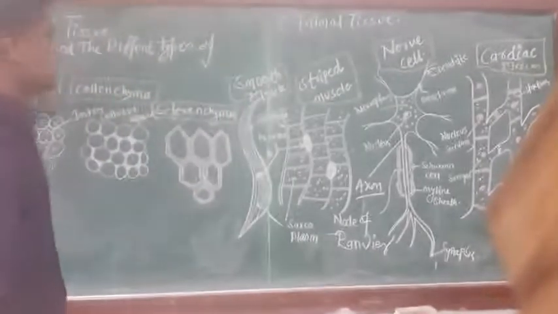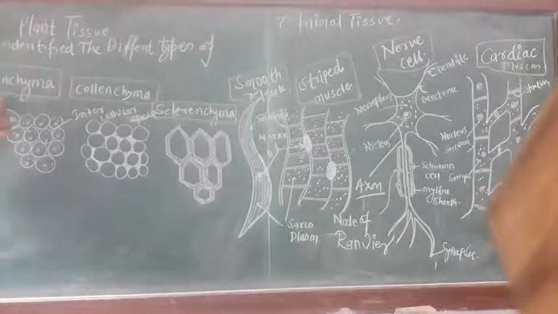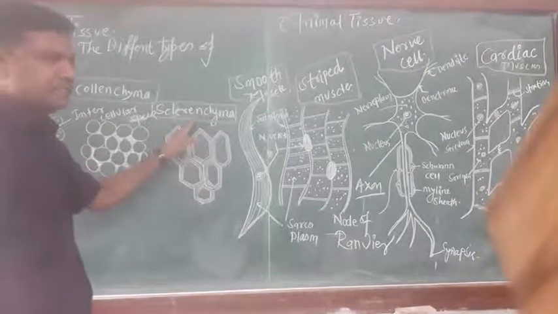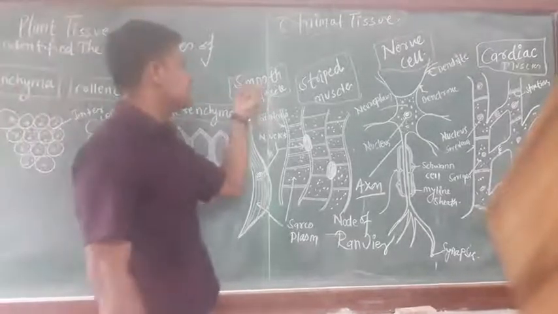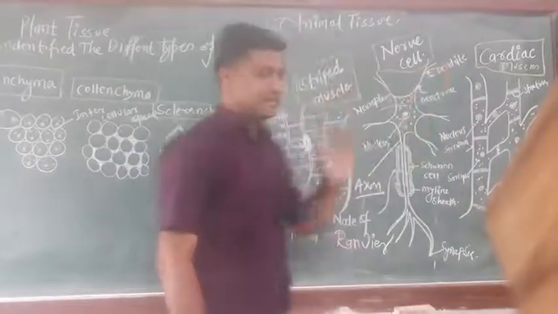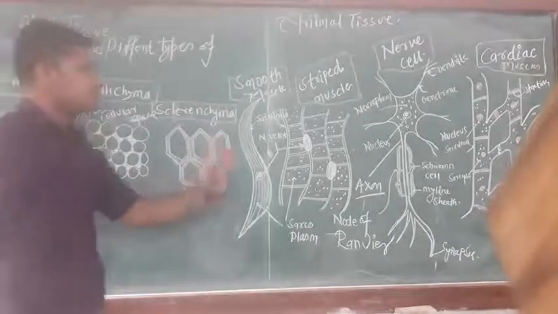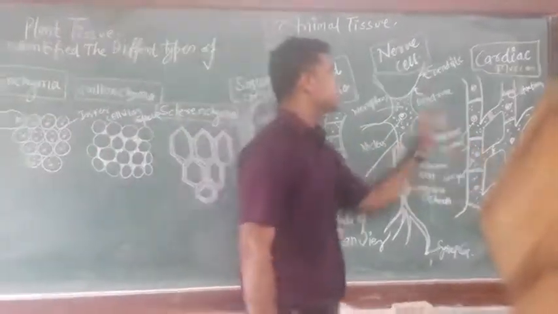So that is about the plant and animal tissue. On the plant side: parenchyma, collenchyma, sclerenchyma. On the animal side: smooth muscle, striated muscle, cardiac muscle and nerve cell.